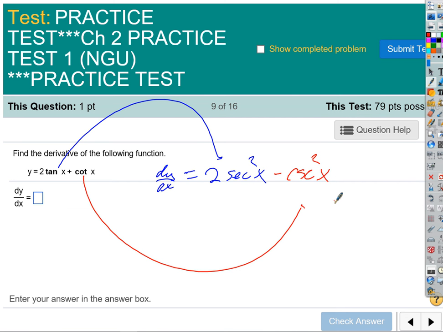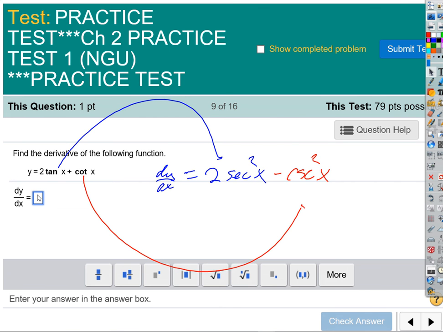Okay. And you can enter it just like that. Secant squared x minus cosecant squared x. Okay?